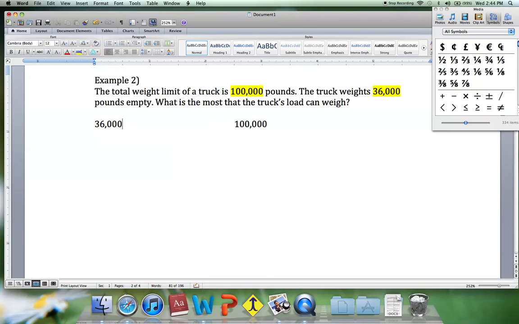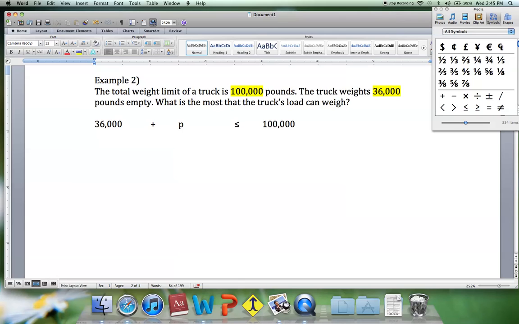So once we add the unknown pounds of a load, we need it to be less than or equal to 100,000, because the truck can have a weight of 97,000 pounds and still be in the limit, or it can have 100,000 pounds and still be within the legal limit, but it cannot be greater than.